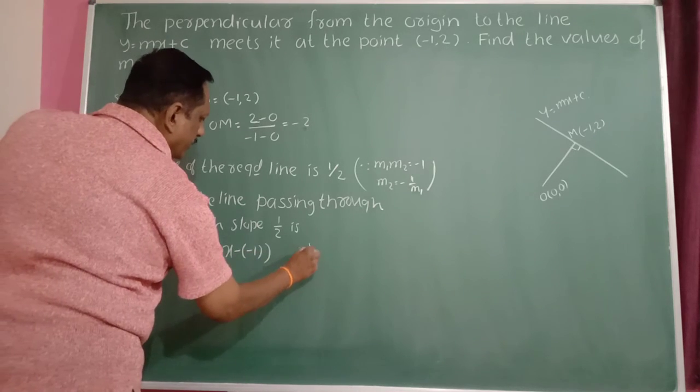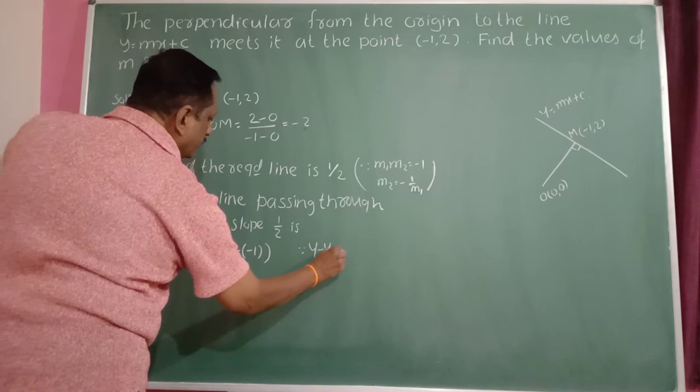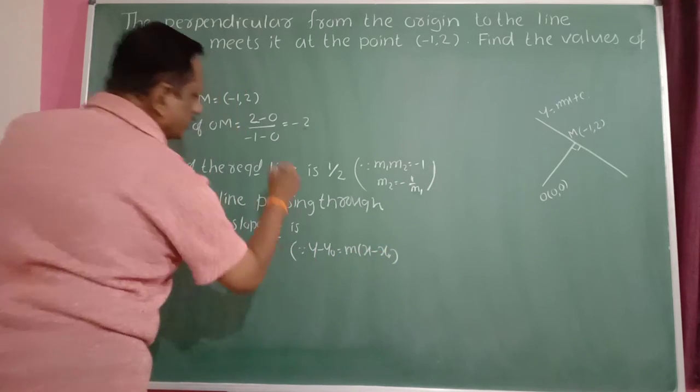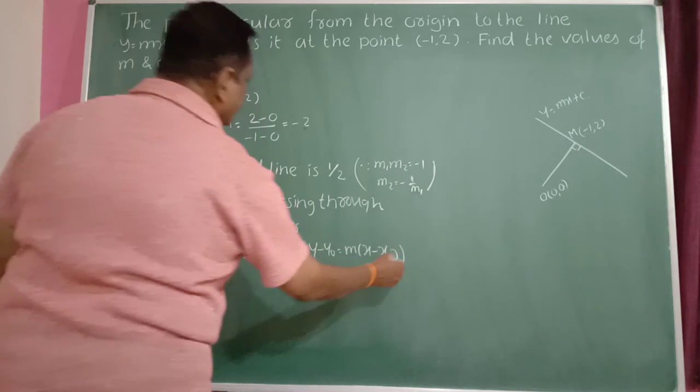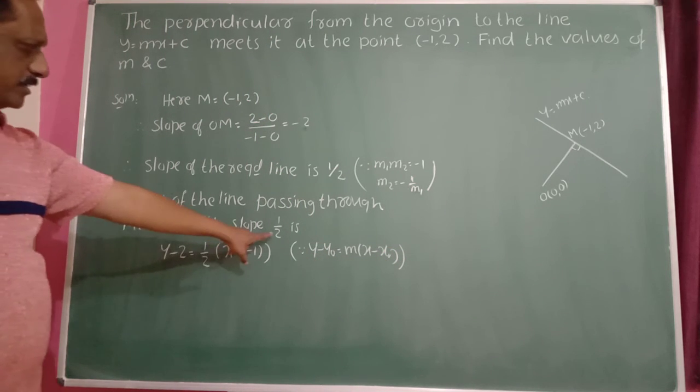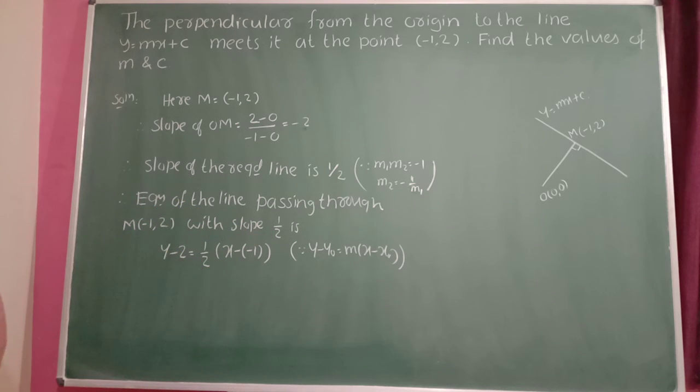You are using the formula y minus y naught is equal to m into x minus of x naught here. So this is x naught, this is y naught, and here slope m is 1 upon 2 here.